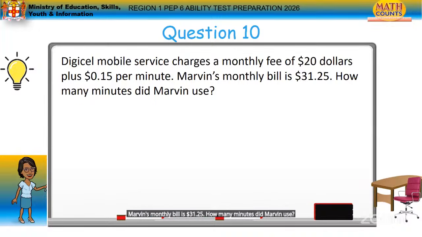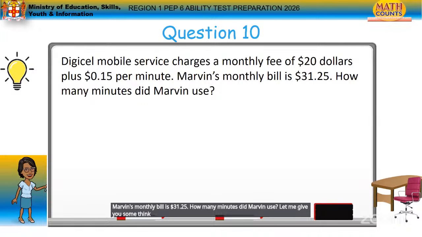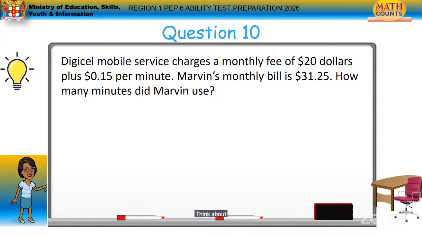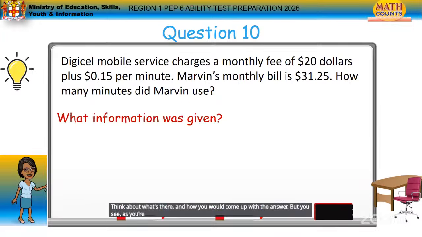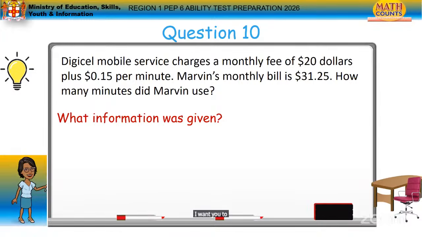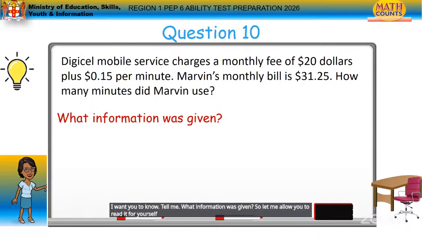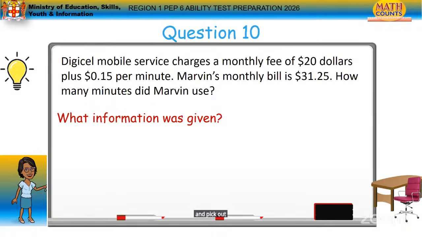Let me give you some think time to think about what's there and how you would come up with the answer. But as you're thinking, I want you to tell me what information was given. So let me allow you to read it for yourself and pick out the information and tell me what information is given. What information is given?